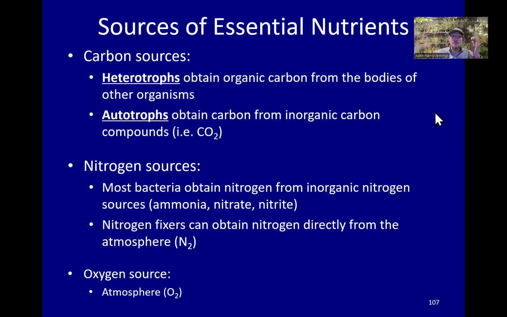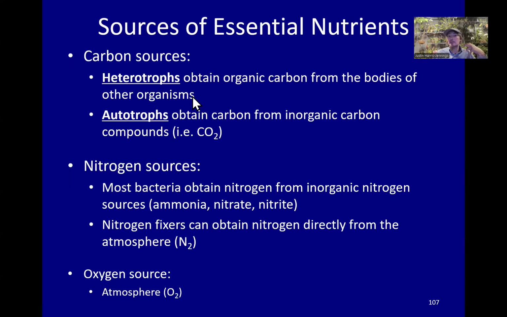So what you have to think about is different bacteria have different ways of getting these essential nutrients and bringing these macronutrients into themselves. And so do they get these nutrients from other organisms, or do they get them from inorganic sources like carbon dioxide? So for carbon, how do we build up those organic molecules that we need?